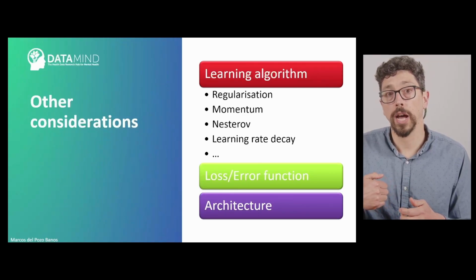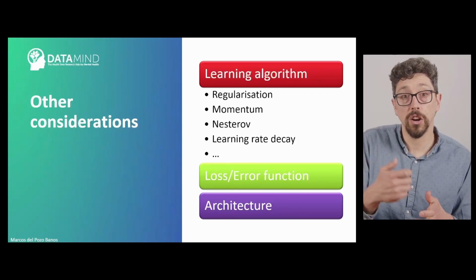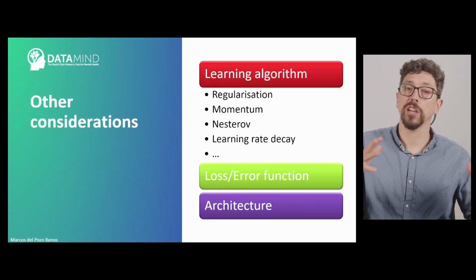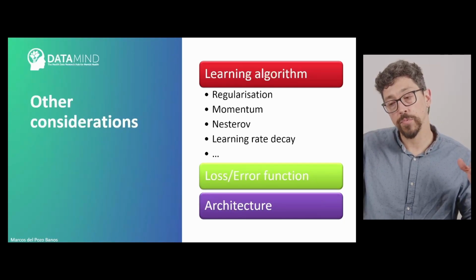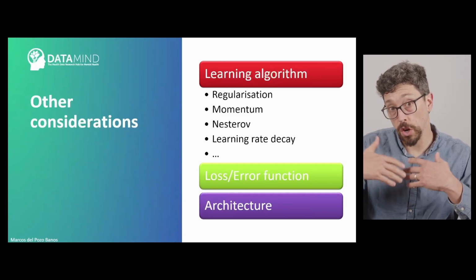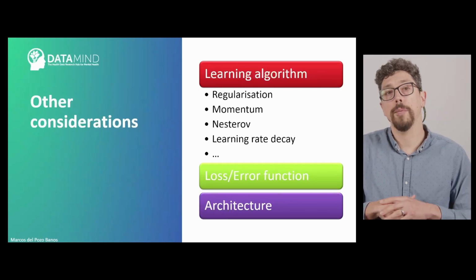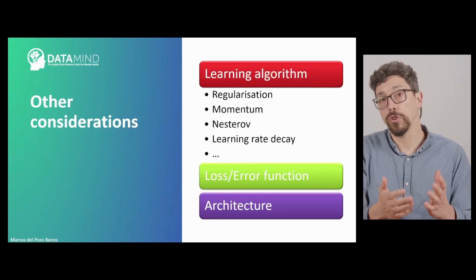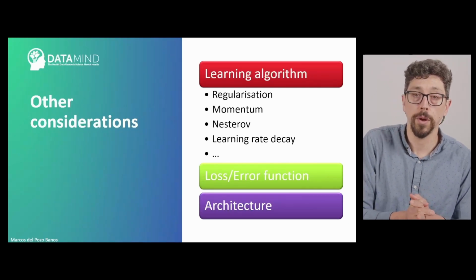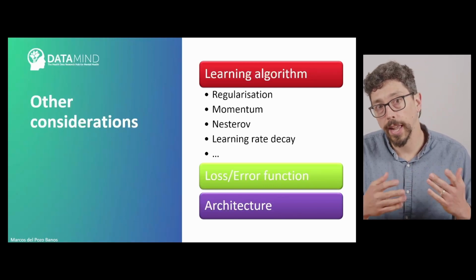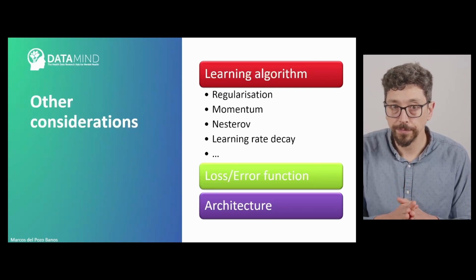We can apply Nesterov correction. We can use a learning rate decay so that we can start with a very large learning rate and then reduce this learning rate as we learn so that we don't overshoot the minima as we get closer to it, and many other alterations that we can use, or improvements or changes that we can do to the learning algorithm. Which ones we should use, again, it will depend on the data and the problem in hand.